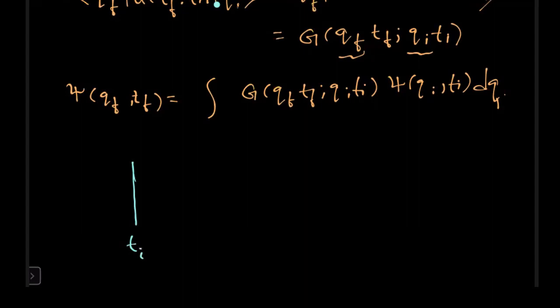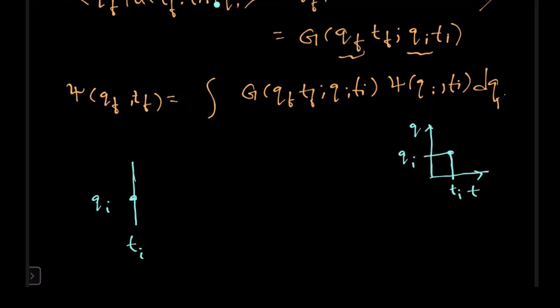Let me represent it in this coordinate system. On this axis I have t, and on this axis I have q. Any point here has a t. Consider this is ti, and a position here qi.